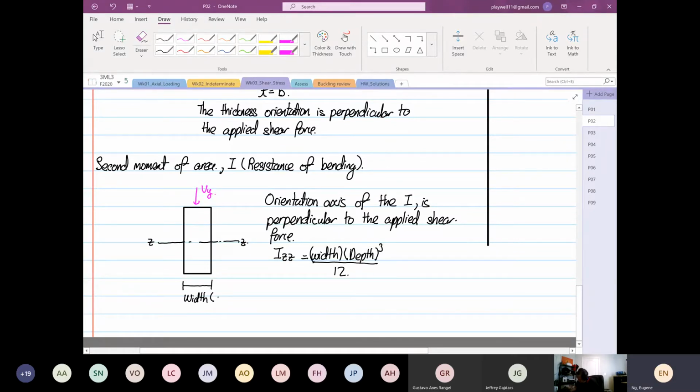So the width is perpendicular to the applied force, right? And the depth, so this is the depth, is parallel to the applied force.